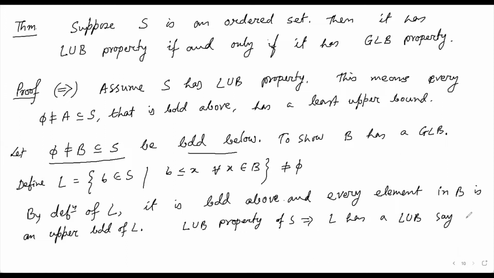Let's say alpha. Suppose alpha is the least upper bound, so that alpha is equal to the supremum of L. Now we claim that alpha is the greatest lower bound of B.